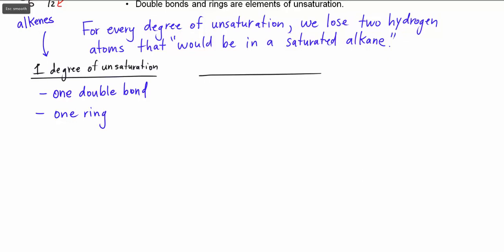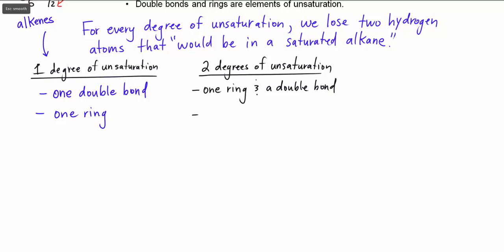So just look at an example of 2 degrees of unsaturation. I would have to have a ring and within that ring I would also have to have a double bond. You can probably see where I'm going with this. I can have 2 double bonds.